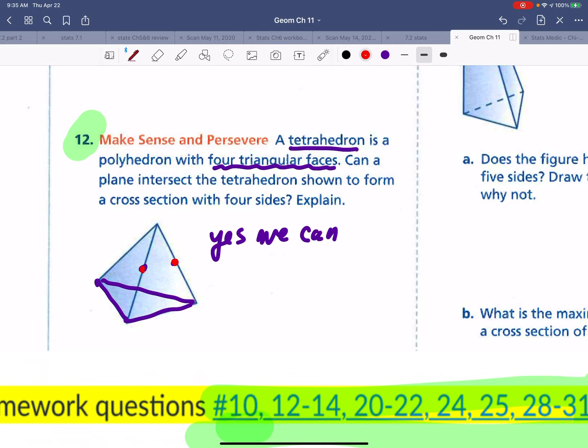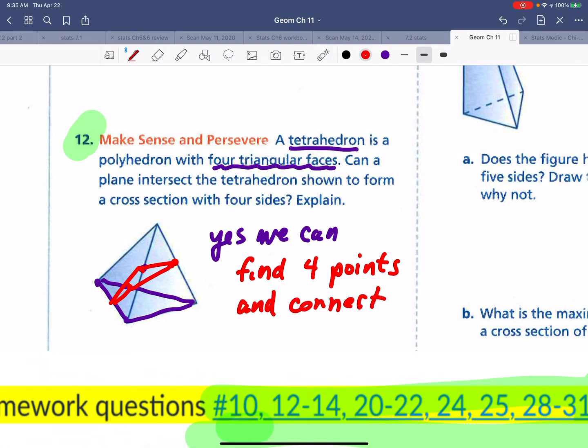We could find 2 points here and 2 points here, and then just connect those. And I think we would get, we can find 4 points and connect them, to make a cross section with 4 sides.